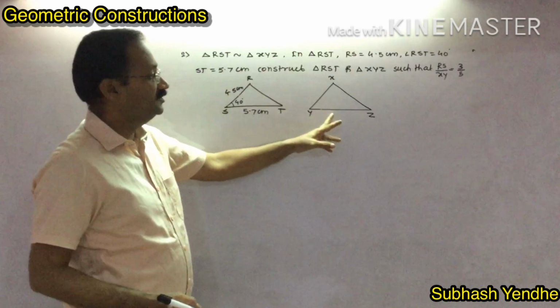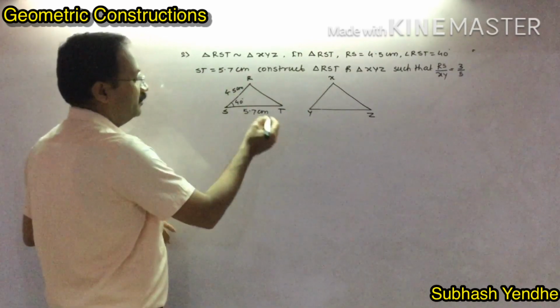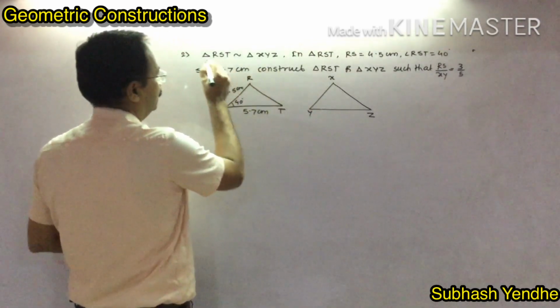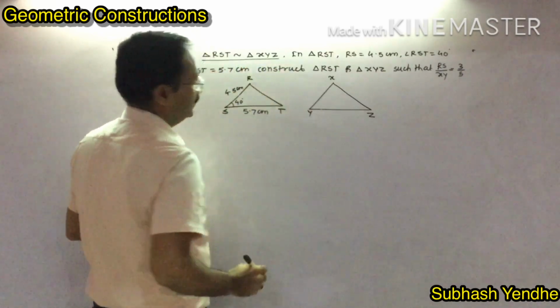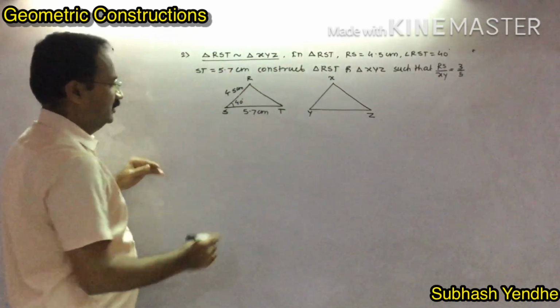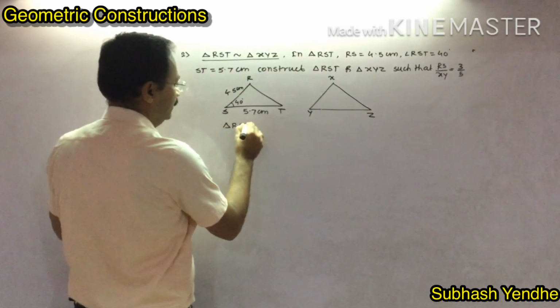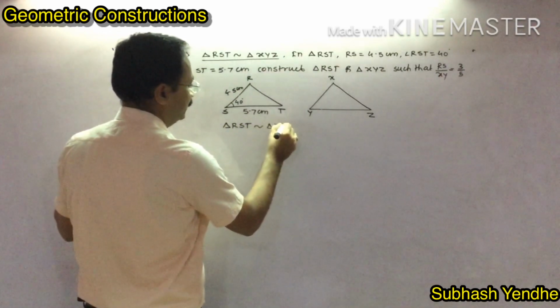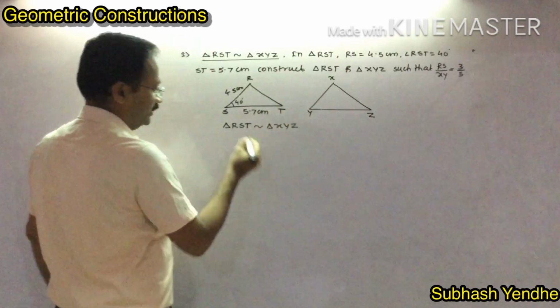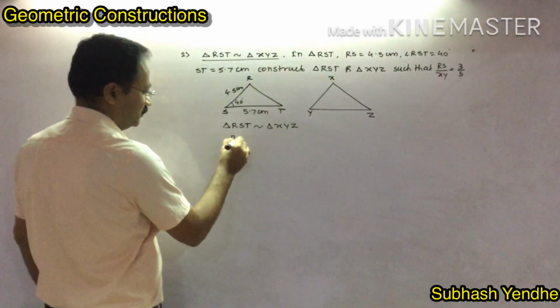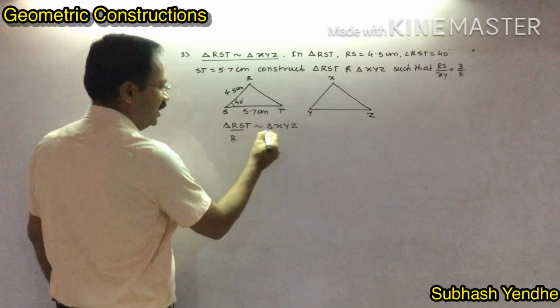So first, let's start with the segments. How can we find the segments first? Yes, very simple, because the triangles are similar. Triangle RST is similar to triangle XYZ. Triangles are similar, so sides are in proportion. Which side segments are proportional?